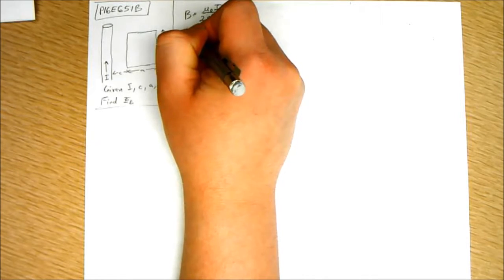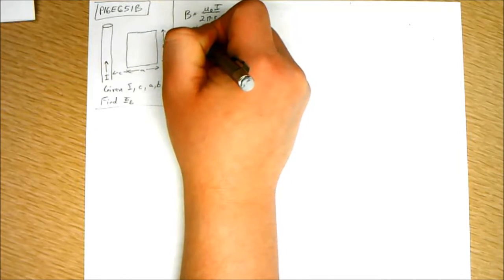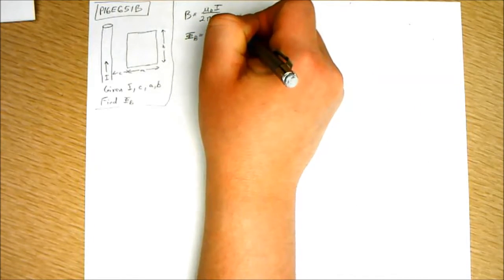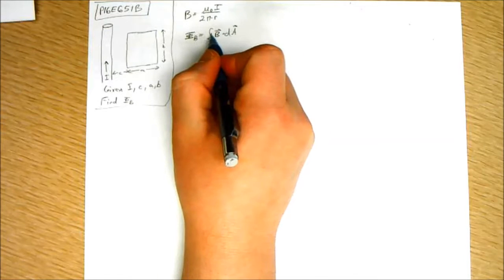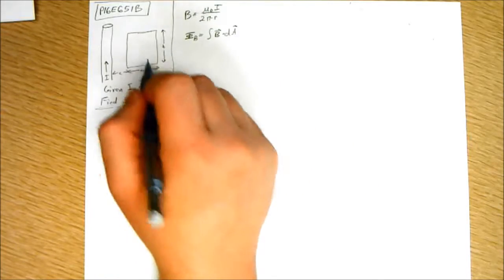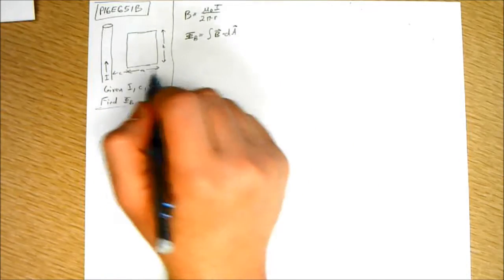So that's where we have to go back to the definition of flux. The flux is the integral of B dot dA, and of course remember I'm not putting the little loop on this integral sign because this is not a closed surface. This is just one little loop.